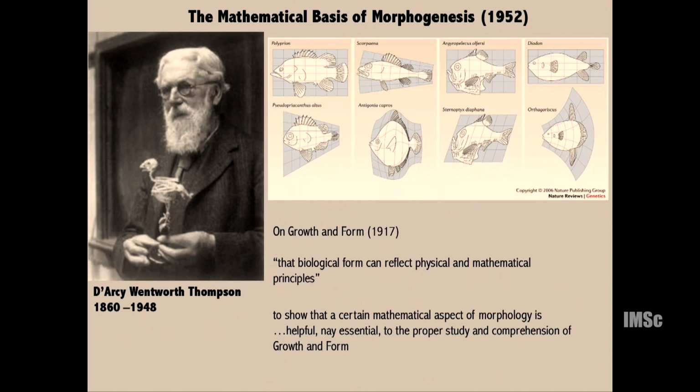So just a few concepts, a little bit in the order of the chronology with which they were discussed. So one of our heroes, D'Arcy Thompson, actually postulated this idea of a mathematical basis for morphogenesis in the 1950s, and in his book on growth and form, he said that biological form can reflect physical and mathematical principles.